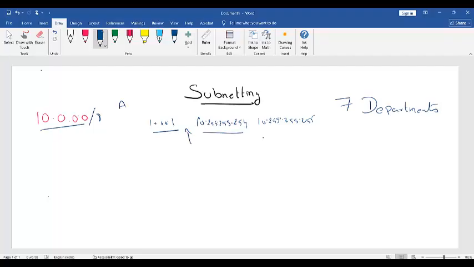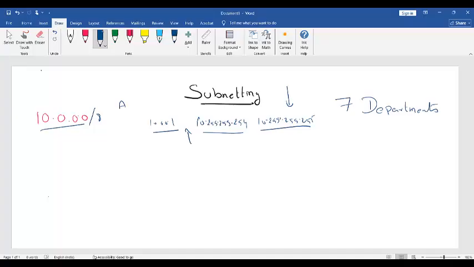This is the last IP and this is the address that is acting as a broadcast address for this particular network. So if any packet needs to be sent to every single computer in this network, we will use that broadcast address. Any packet delivered to 10.255.255.255 will go to every single computer in the 10 network.